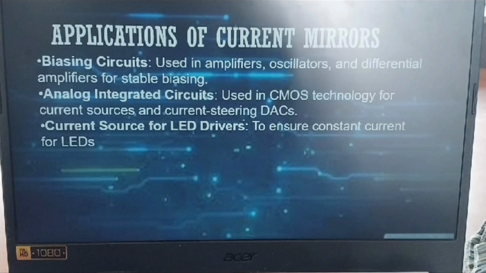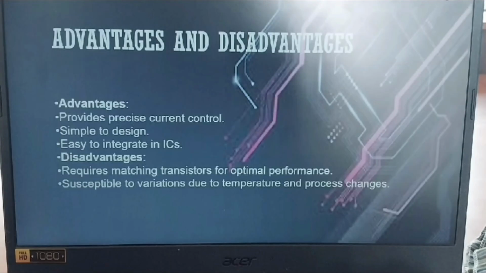Next, we're going to see the advantages and disadvantages of current mirrors. The advantages, as we've discussed earlier, are that it provides precise current control and it's very simple to design. It's easy to integrate in ICs, so it's very easy to integrate in integrated chips. The disadvantages are that it requires matching transistors.